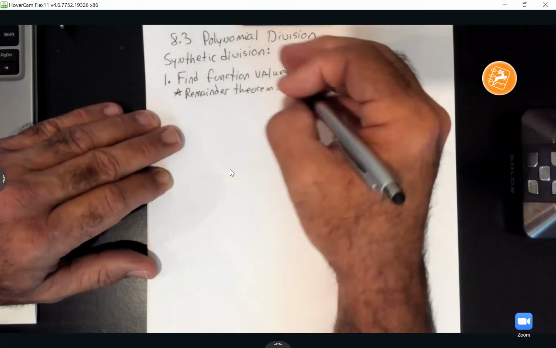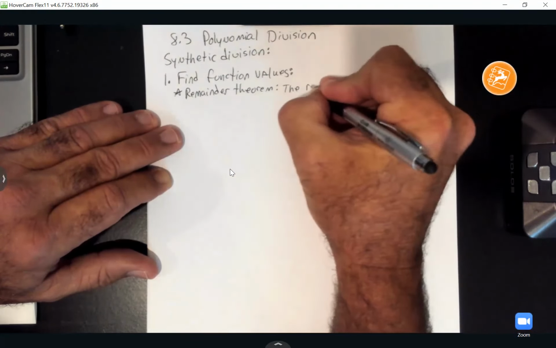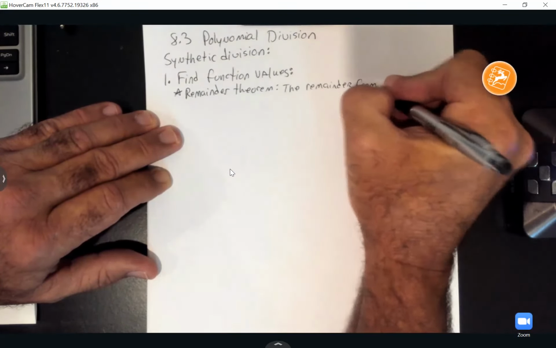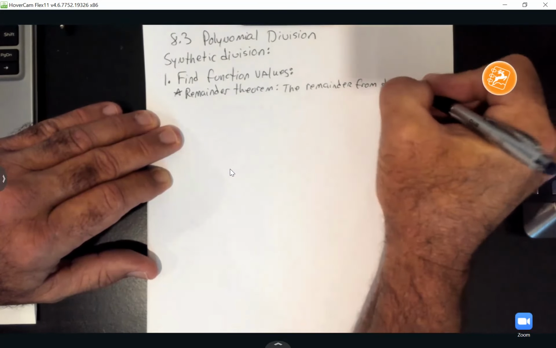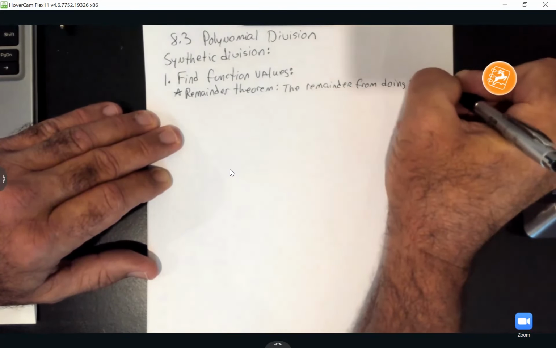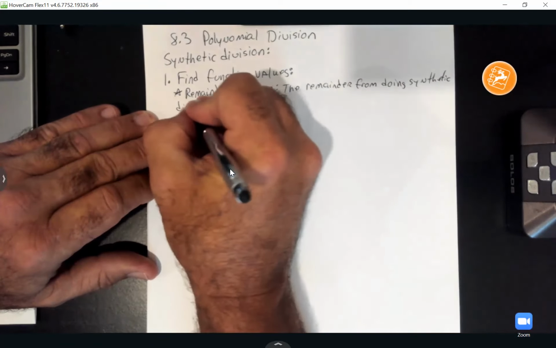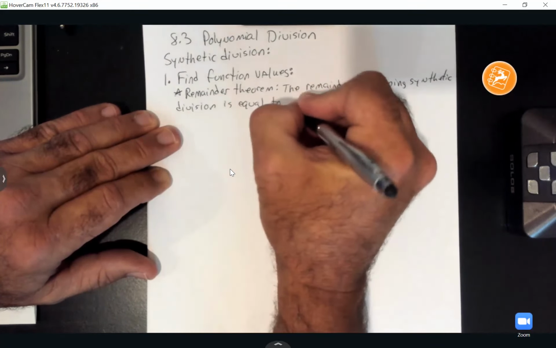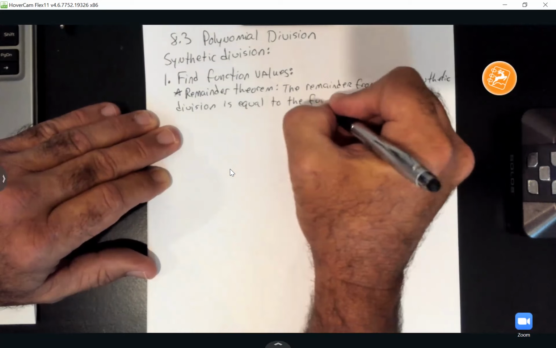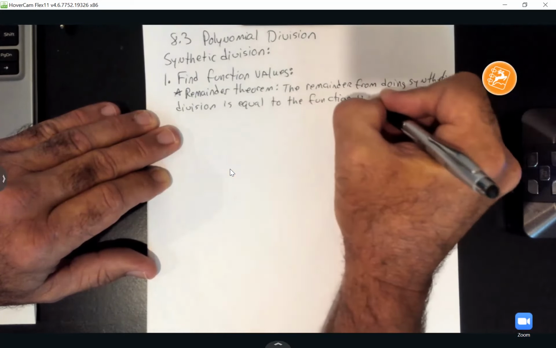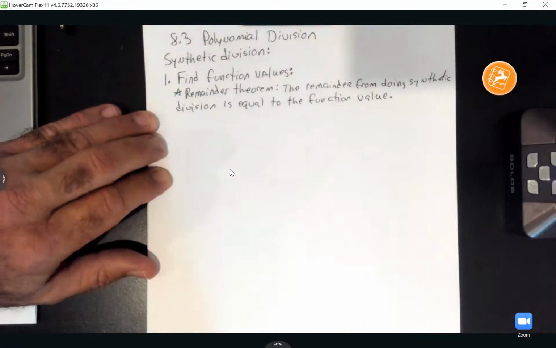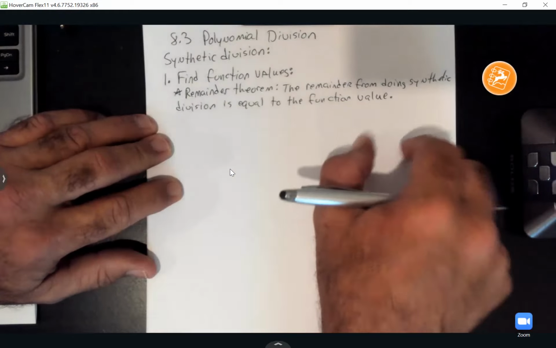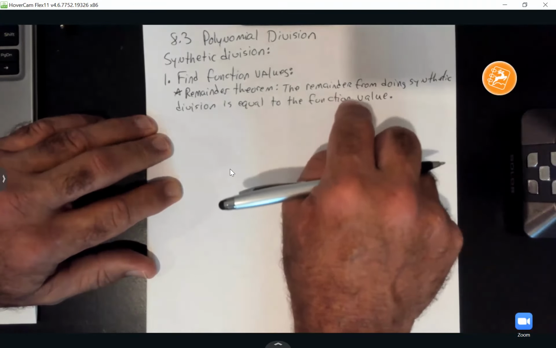And the remainder theorem says that the remainder from doing synthetic division is equal to the function value. Okay, so to find function values, I do my synthetic division, and whatever remainder I get, that is equal to the function value.